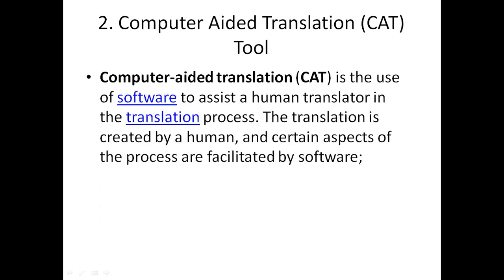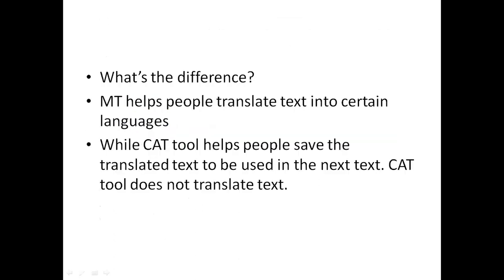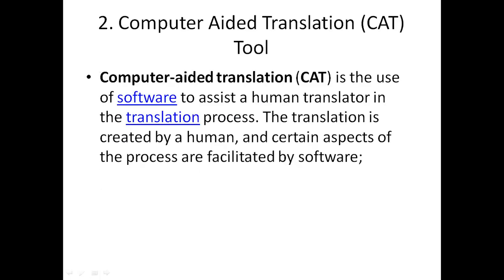Let's now go to computer aided translation tool or CAT tool. Computer aided translation is the use of software to assist the human translator in the translation process. So computer aided translation or CAT tool is a software to help human translator in the middle of translation process.